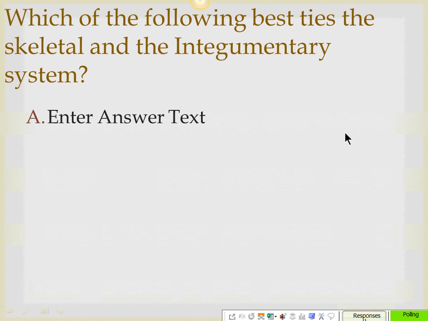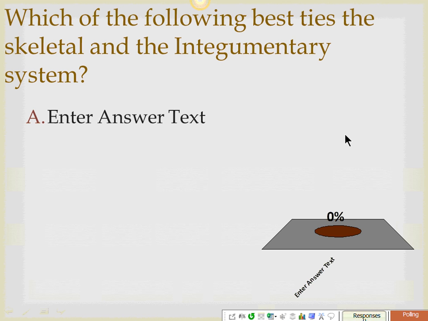Let's go. For some reason the text is missing. I don't know why. So you tell me, which of the following best ties the skeletal with the integumentary system?